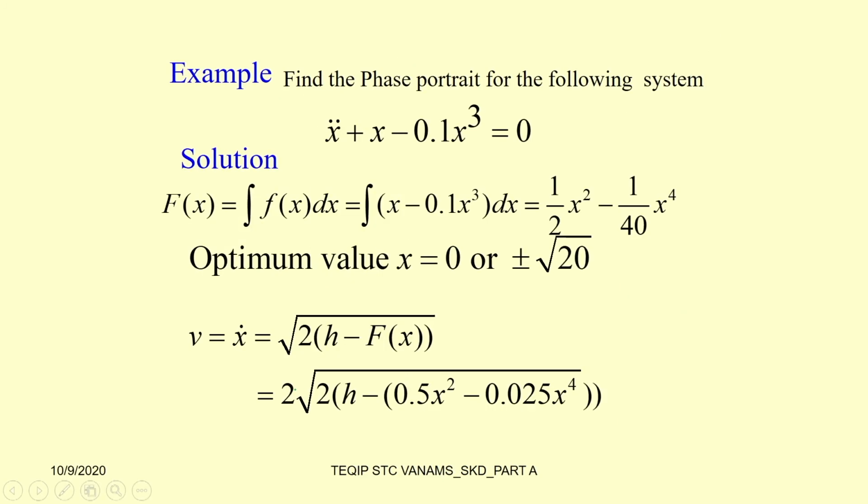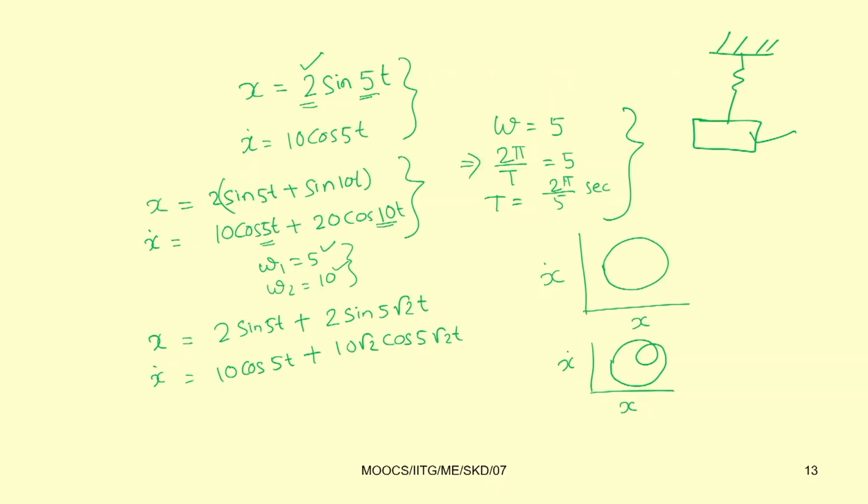Here you are getting two frequencies: omega 1 equal to 5 and omega 2 equal to 5 root 2.